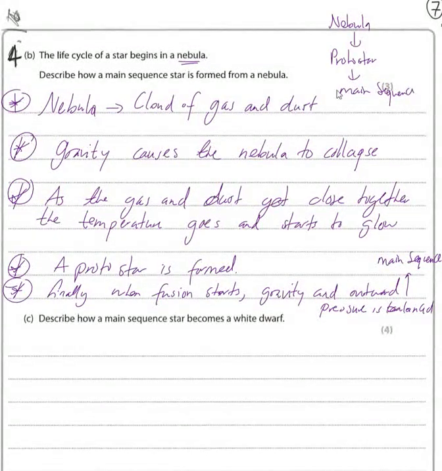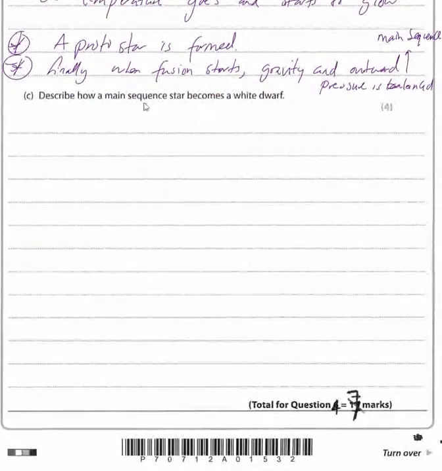Okay, and now how do we go from a main sequence to a white dwarf star? So if you remember, we've got nebula, protostar. Now if you put the flowchart, you would not get marks. The flowchart does not describe what's happening. The flowchart just tells us what's the next step. It doesn't tell us what is going on.